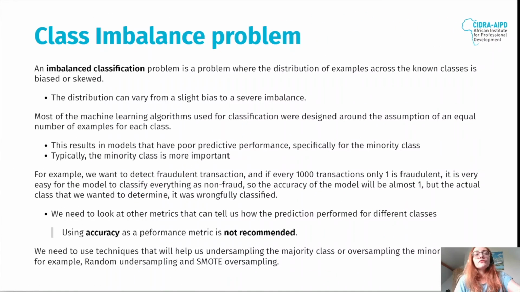I've mentioned before that the most common problem that we have here in classification is the class imbalance problem. What is this problem? This happens when the distribution of examples across the known classes is biased or skewed. This distribution can have a very slight bias, but it can also have a severe bias. What does that mean?